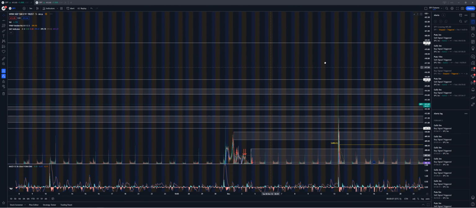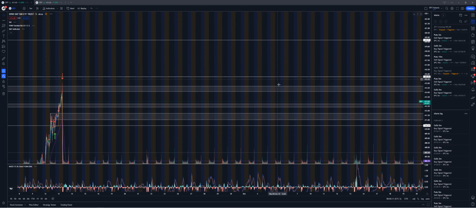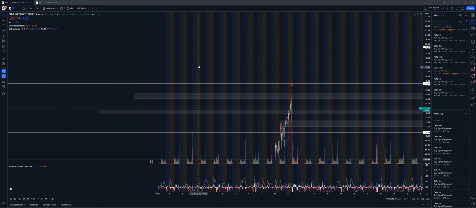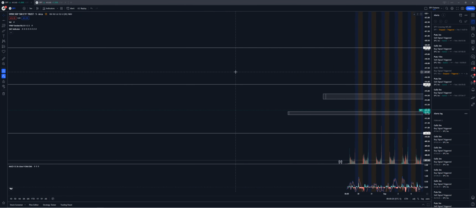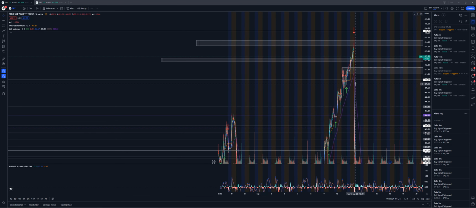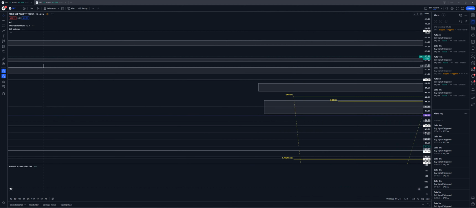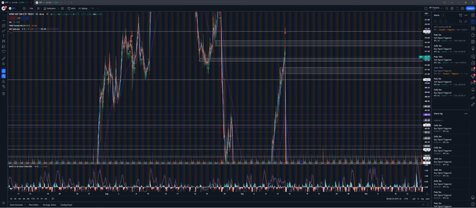I know that we're looking for 410 to, let's just mark 410 to 420. I guess the chart doesn't load that far back. That's weird. I'm going to go to the hourly. Actually, let's go to 15 minutes, because I should have been on the 15 anyway. Okay, so I can go that far back on the 15.